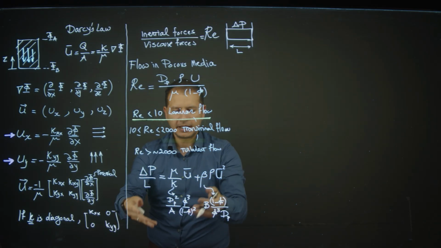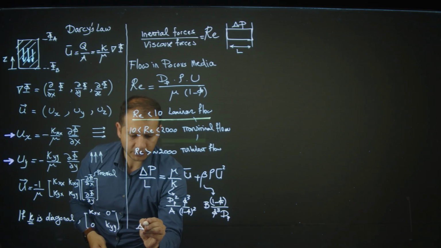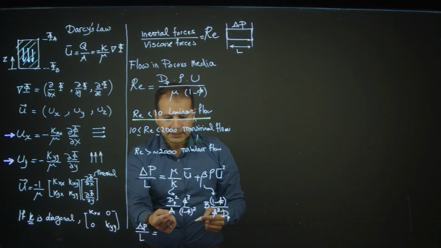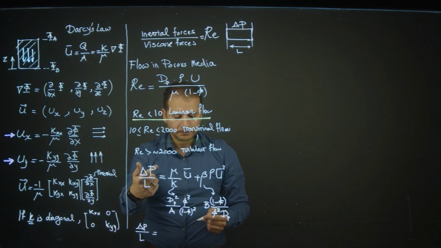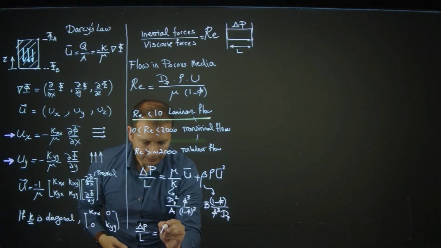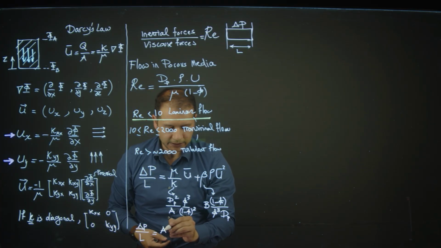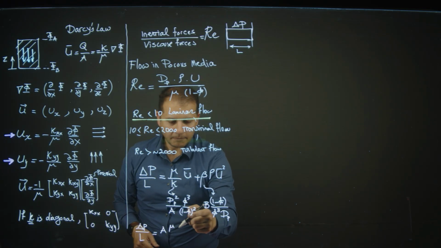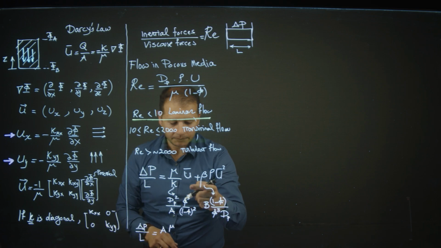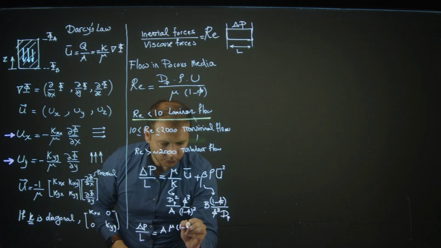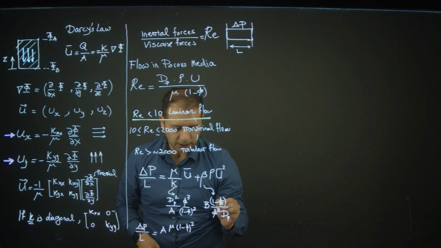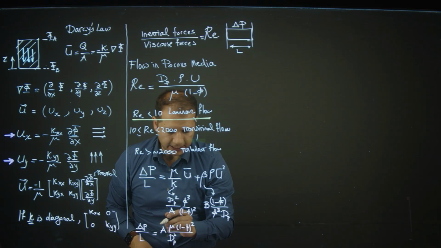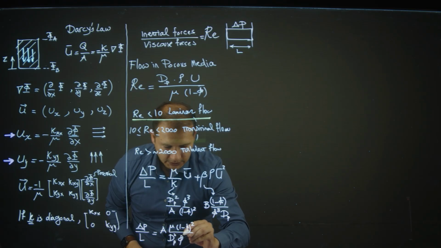Now let's plug them in and write the final delta P over L formula. A is in the denominator, so it comes up. So I get A, multiplied by the viscosity, and then I have 1 minus porosity squared coming up, and then I have grain size diameter to the power 2, and then I have porosity cubed here.